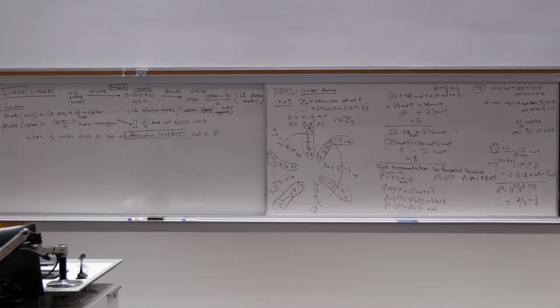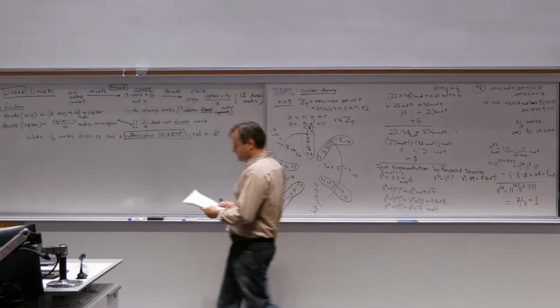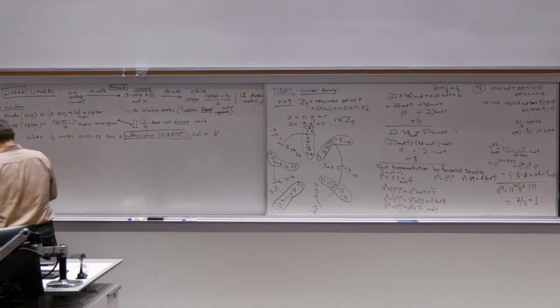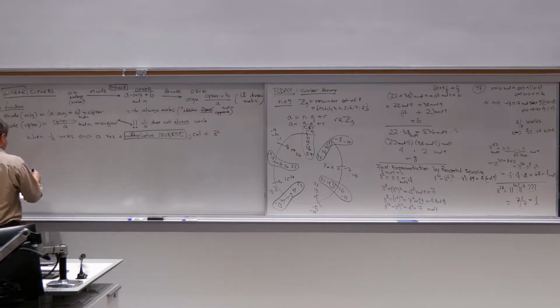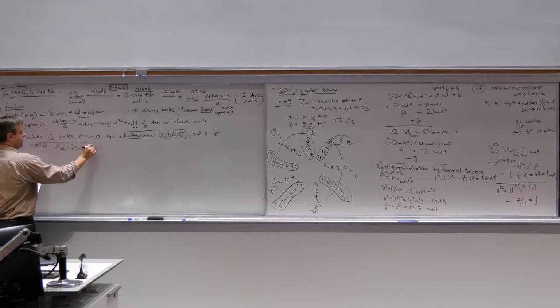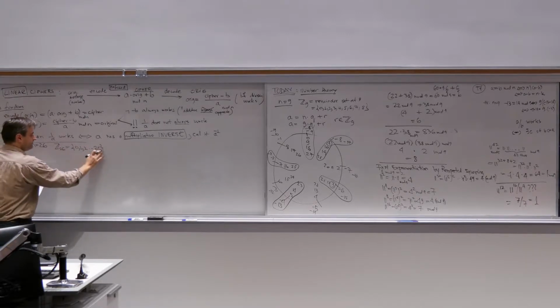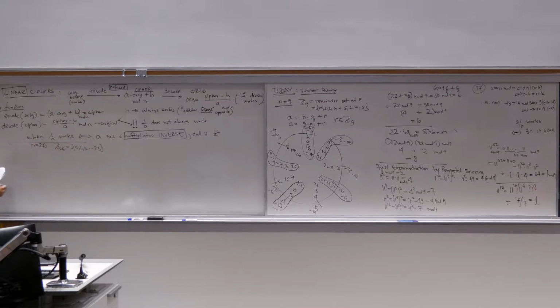Okay. So I want to take two cases here. Say I'm now in modulo 26. I like 26 for letters because it allows me to map all the letters one-to-one into a number in Z26. So of course Z26 goes from 0, 1, all the way to 25, right? So here's a cipher.